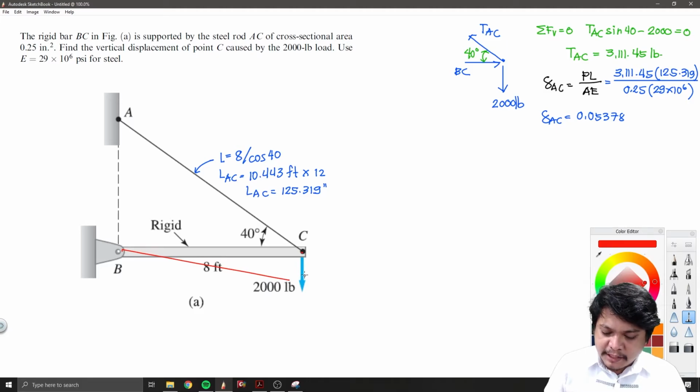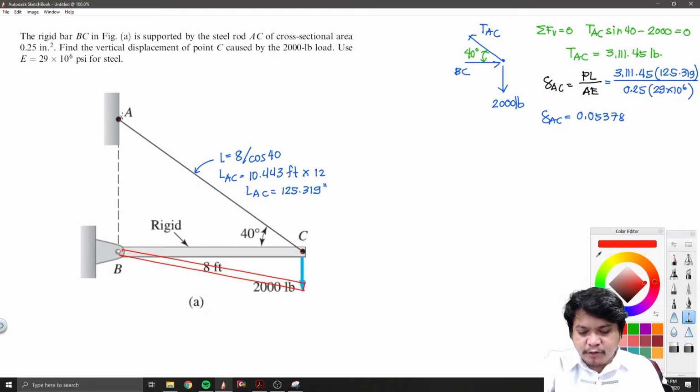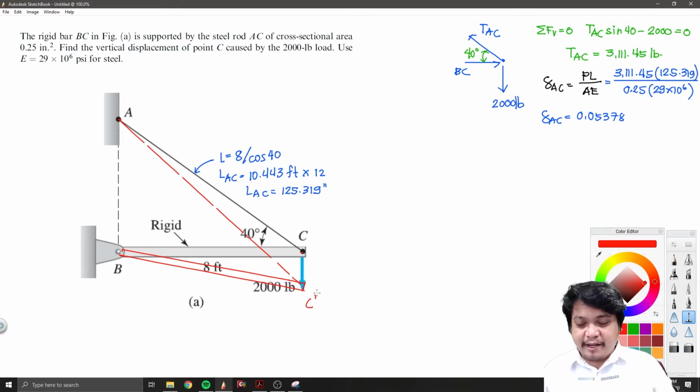Okay, so sometimes sa mechanics, kapag bumaba siya, something like that. Tapos eto na yung magiging parang from A to C. Okay, let's call it C prime kasi dyan na siya mapupunta. Parang ganyan yung magiging deformation niya.